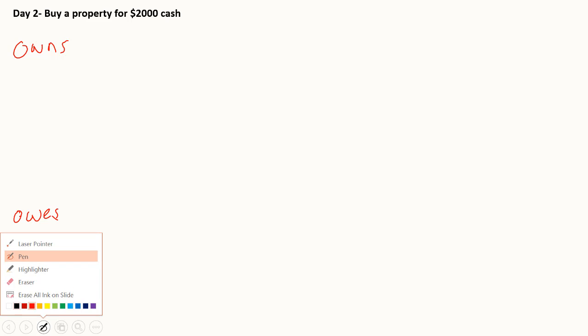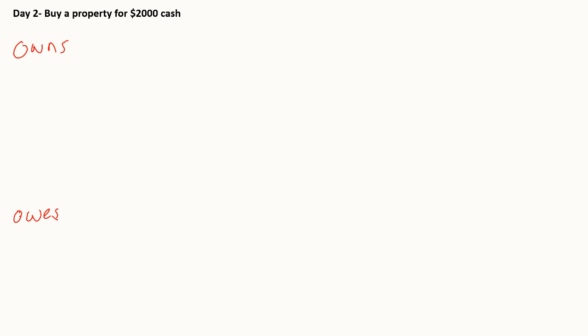Now moving to day 2. Buy a property for 2,000 cash. Again, what business owns and what business owes to owner or to someone else. Now, buy a property for 2,000 cash.